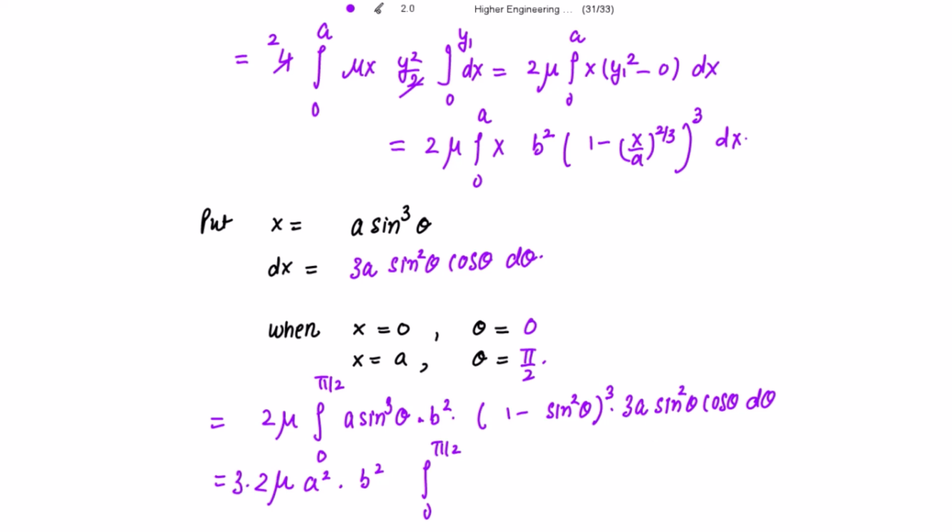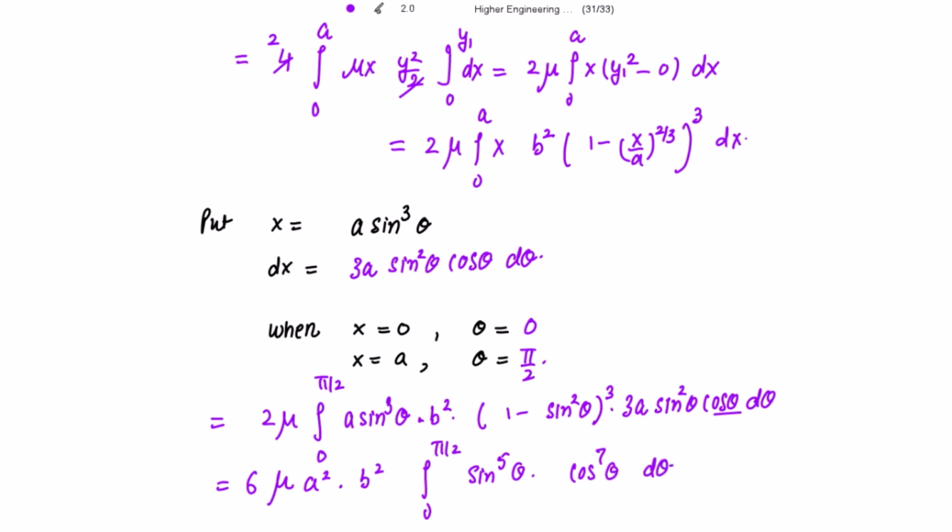Let me write this as 6. And then I have sine power 3 theta and sine square theta, so this will be sine power 5 theta. And 1 minus sine square theta is cos square theta with power 3, so this is cos power 6 theta and also one more cos theta. So it is cos power 7 theta d theta.